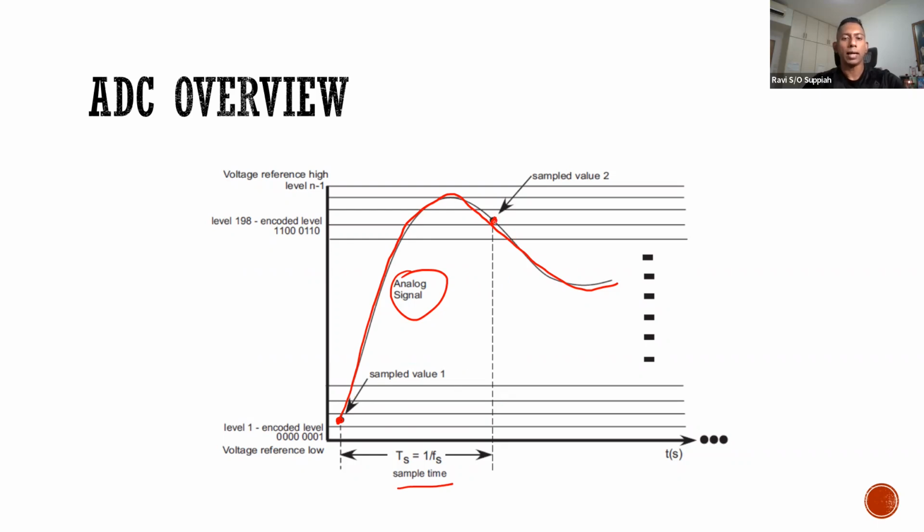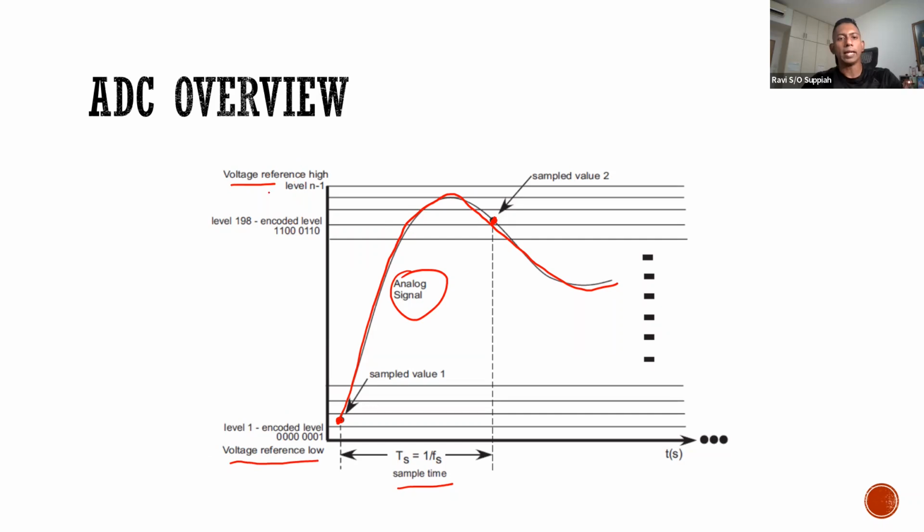The value that we assign to that sample will depend on the quantization levels. So what are quantization levels? We have a voltage reference, which is the lowest voltage and the highest voltage, and we break it up into a set of levels, or what we call equal steps.